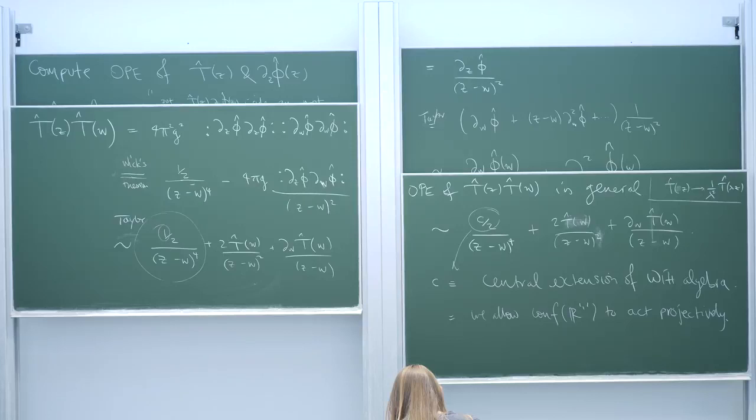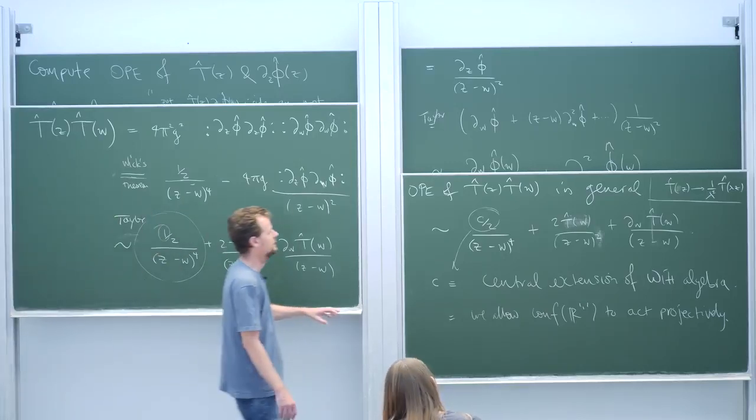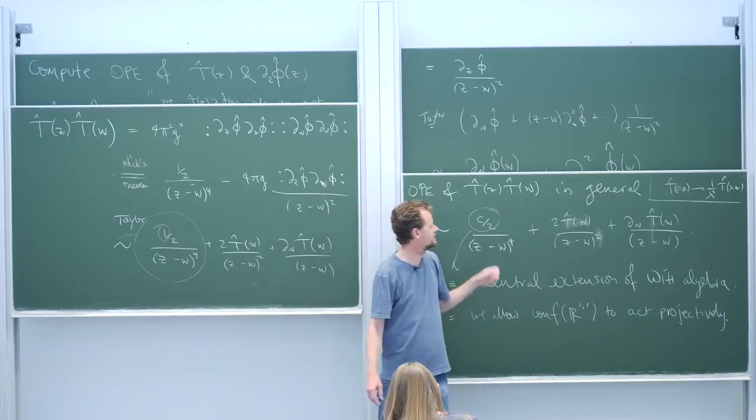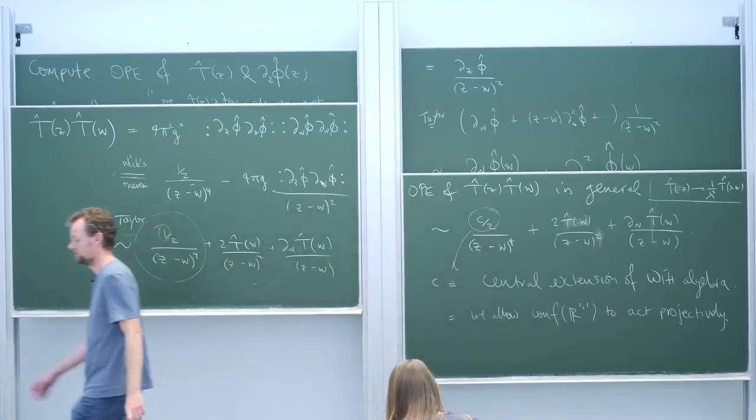So we'll see in the following derivations that allowing the conformal group to act projectively will introduce an additional phase degree of freedom that you can have, and that phase degree of freedom will correspond precisely to this 1 over z minus w to the 4 term.